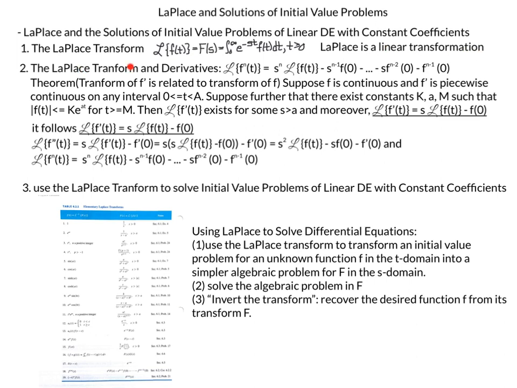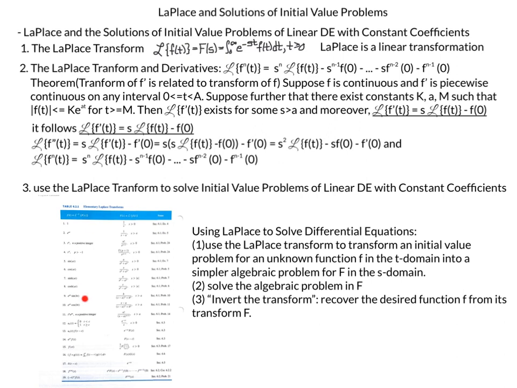Then we talked about the Laplace transform of the derivative of a function. So the Laplace transform of f prime of t is equal to s L of f of t minus f of 0. And then we saw that we have this formula for f double prime of t, and basically the formula for the nth derivative of f follows this pattern, this formula here.